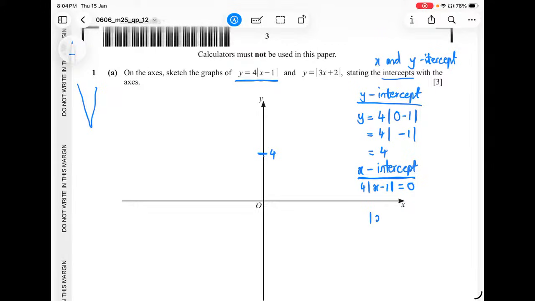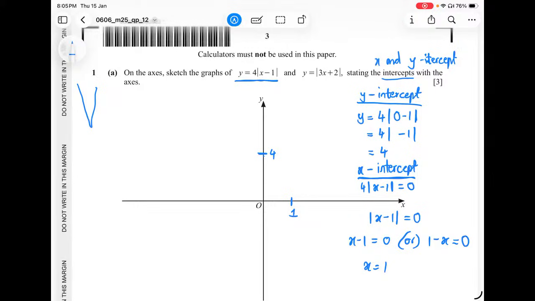Now x minus 1 gives you 0. So either x minus 1 is equal to 0 or 1 minus x equals 0. Either way, since it is 0, x should be equal to 1. Because in both cases you will get x equal to 1, the x-intercept will be 1.